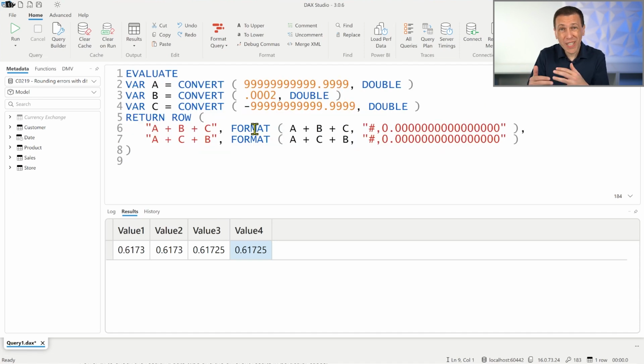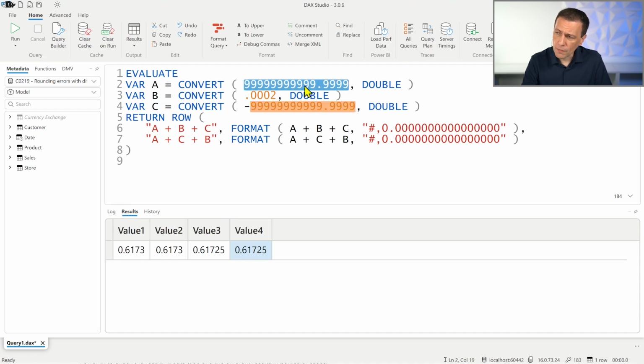So in order to see what happens for these cases, we did the following. We have this number, which has 2, 4, 6, 8, 10, 11... we have exactly 15 digits here, which is the maximum number of digits we can represent with the maximum quality in a floating point.